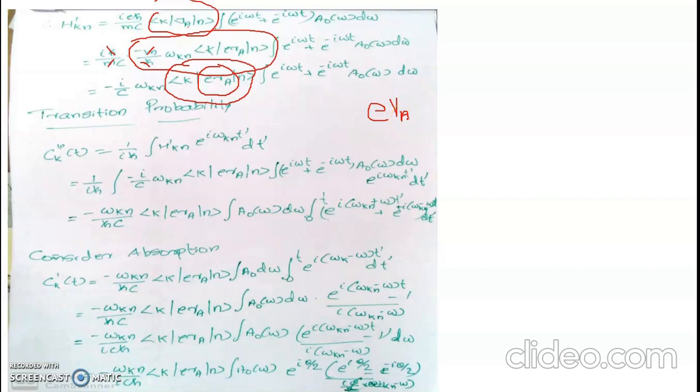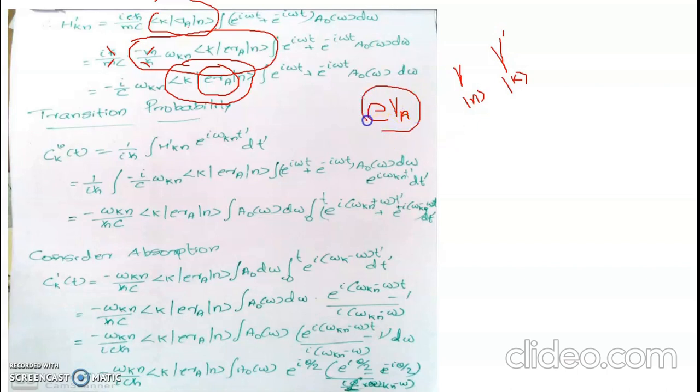So the vector potential actually forces the electron to undergo a transition from its present position vector R to a new position vector say R prime, corresponding respectively to the initial state ket N and the final state say ket K. And the operator then has a meaning of the product of the charge of the electron and the position vector of the electron with respect to the positive charge center of the atom, that is the nucleus.